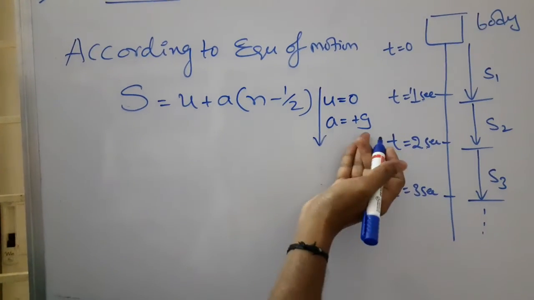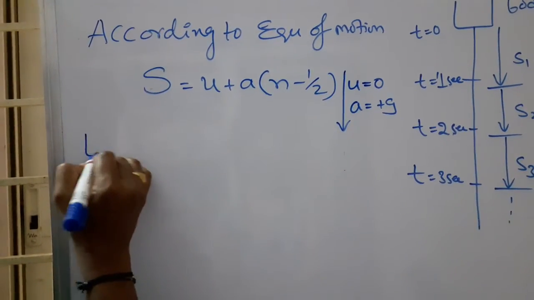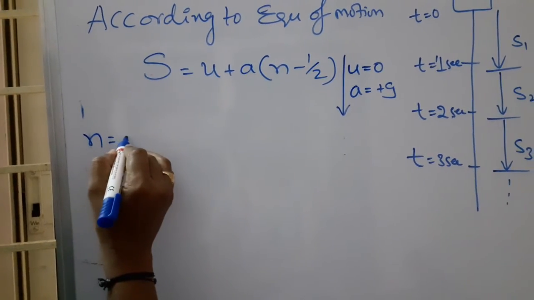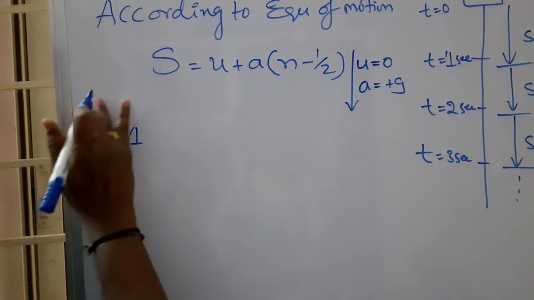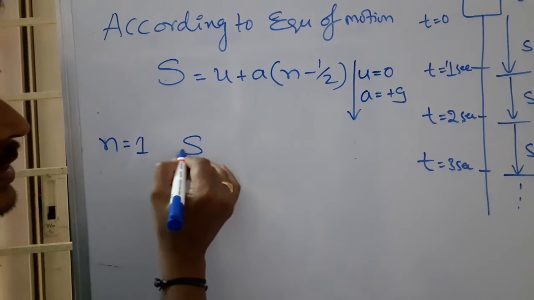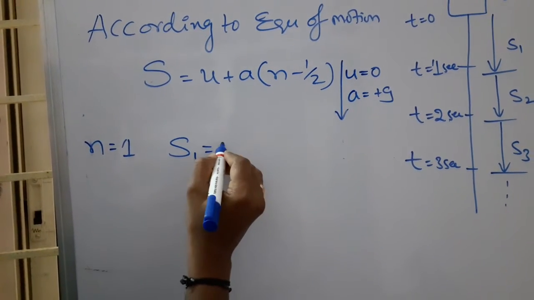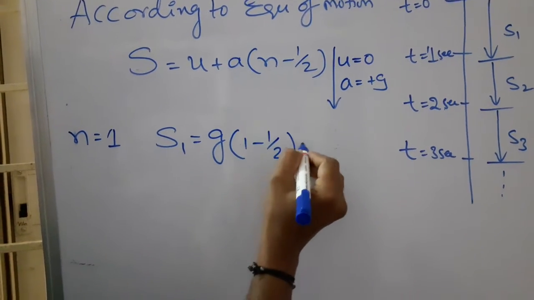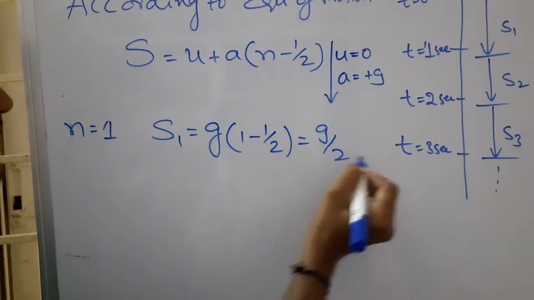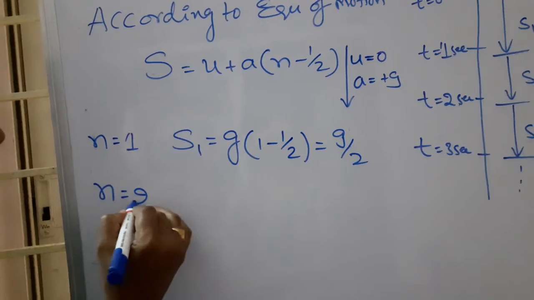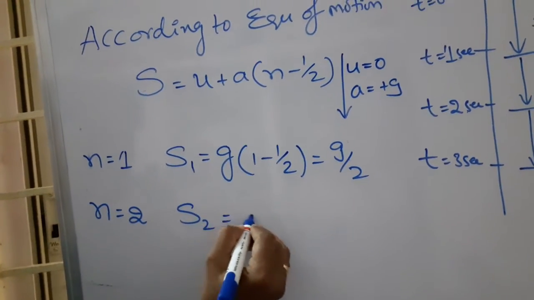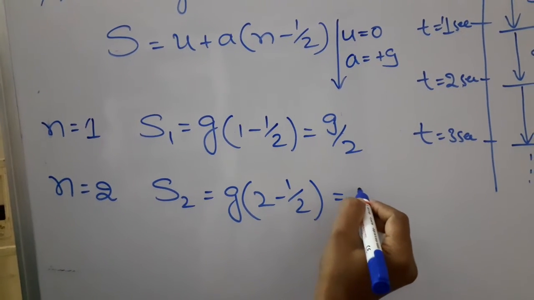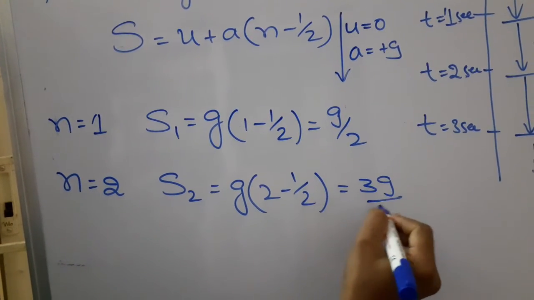Then n value: for the first second, n is 1. Therefore S1 is equal to g into (1 minus 1) by 2, that is g by 2. For n equal to 2, S2 is equal to g into (2 minus 1) by 2, that is 3g by 2.